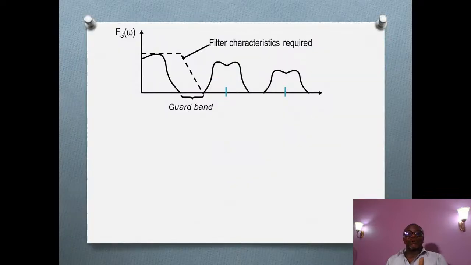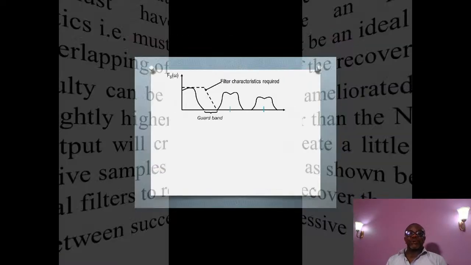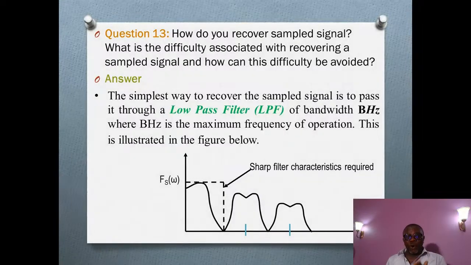You can see the filter characteristic required, that dotted line, must spread at the base. If you sample at 2B, when the base of that filter expands, it will capture a bit of the signal on the right.